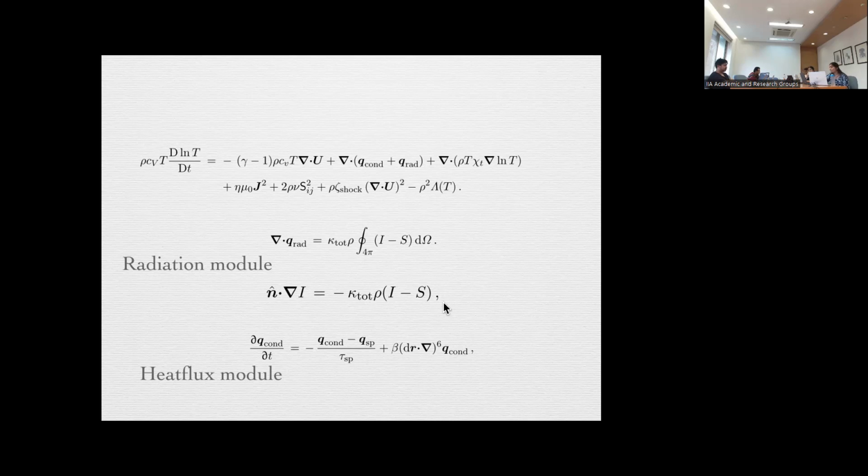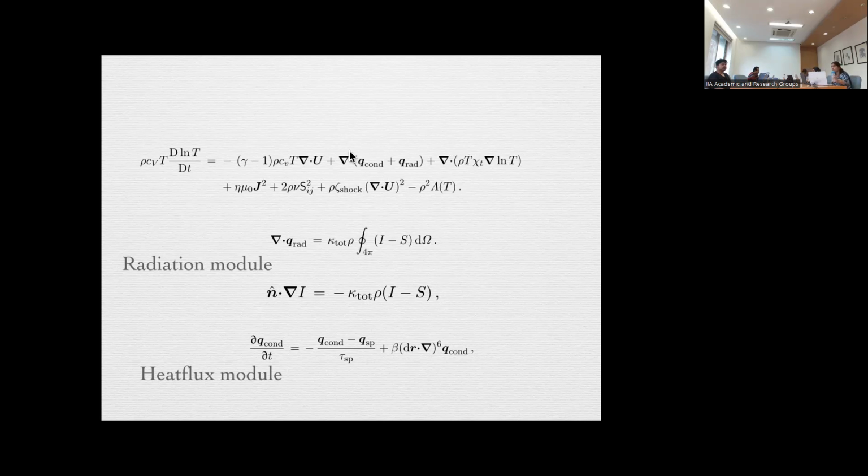For example, other codes like Nirvana and Bifrost have non-gray opacities, and they also solve for different species. We have some amounts of such code here in the Pencil Code, but I don't think anybody is using this whole non-LTE, non-gray transfer, as far as I know.